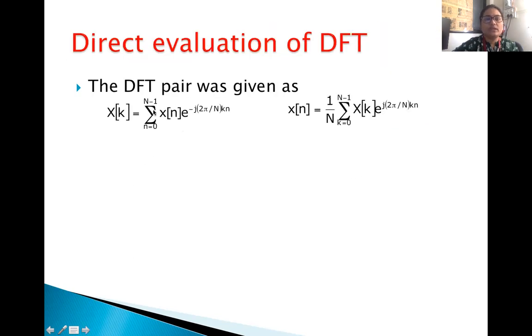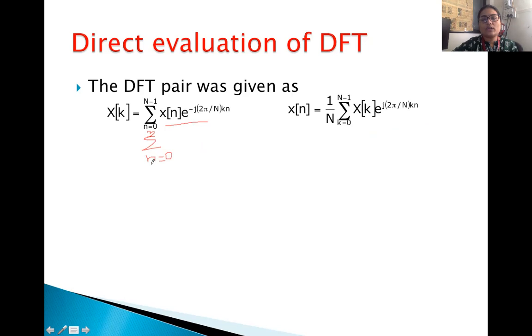If you observe here, in case of DFT computations, now we will understand how many computations are required for direct evaluation. If I consider a 4-point DFT, then this formula can be written as summation n varies from 0 to 3, because capital N is equal to 4.